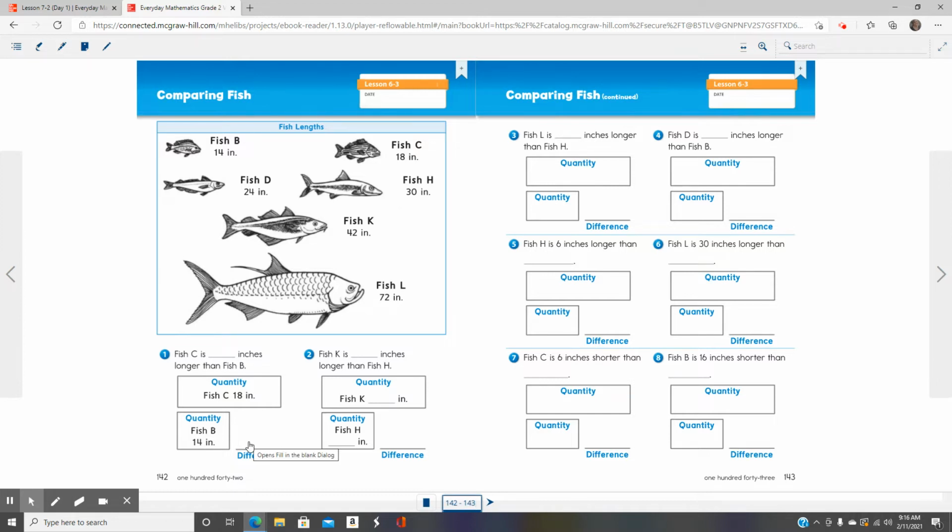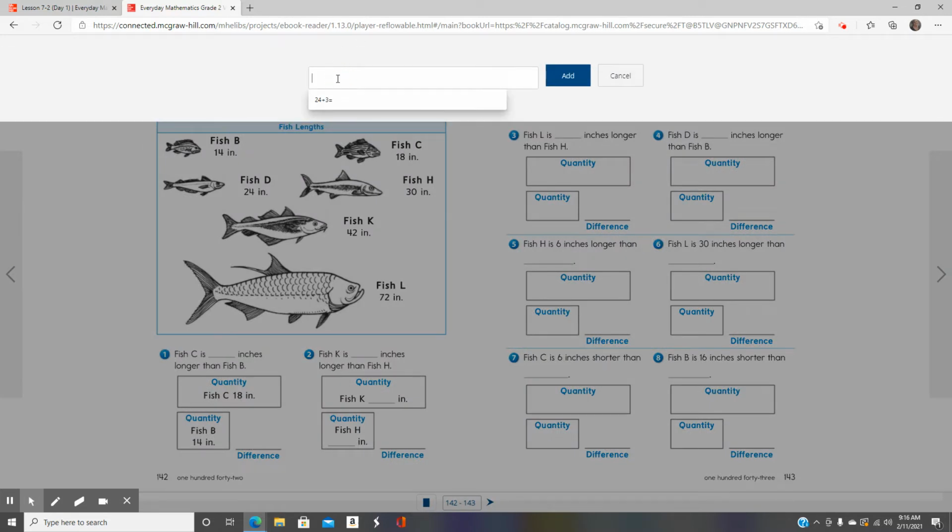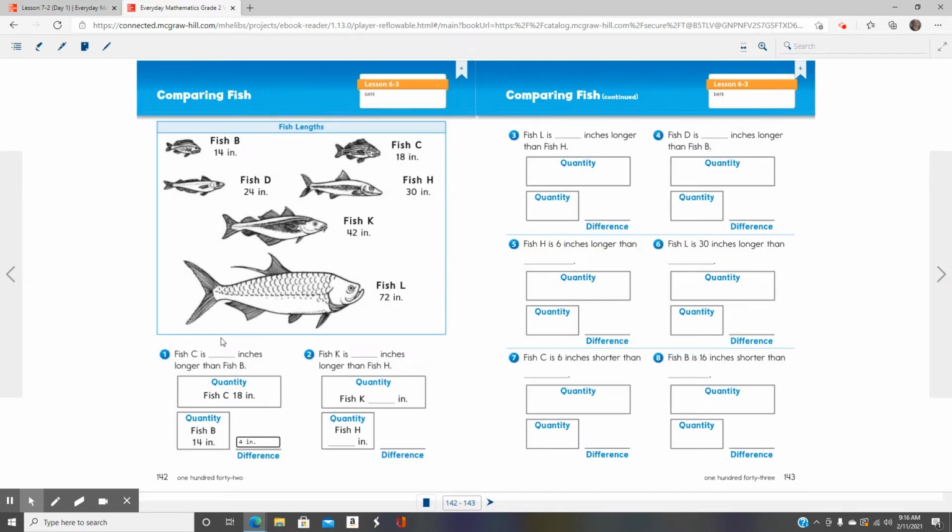So the difference would be 4 inches. I abbreviated it by putting IN period. There you go. There's the difference. We compared the two fish by subtracting, and we found the difference or answer of 4 inches.